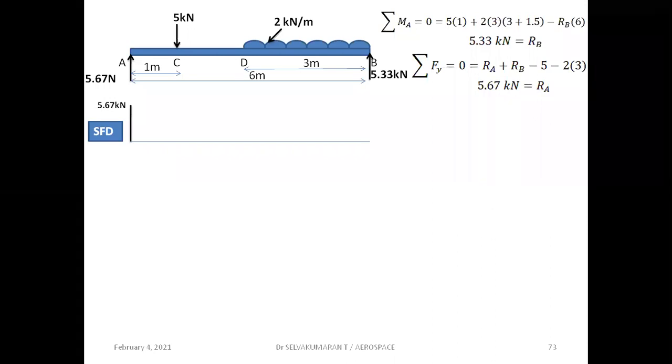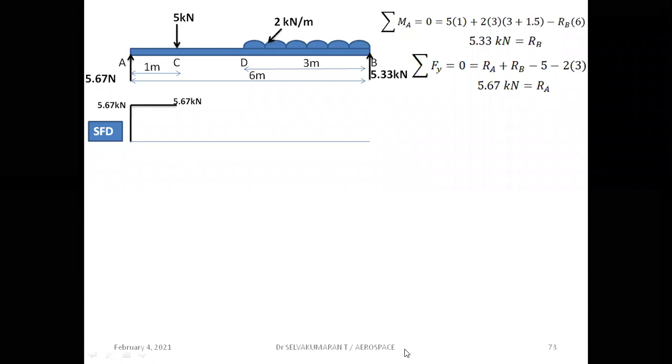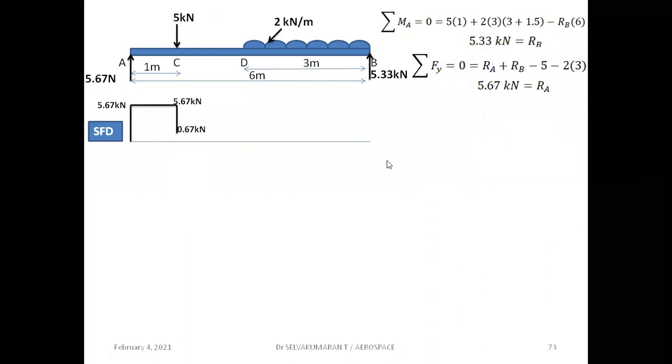Between A and C there is no load, so shear force remains constant. Once you reach point C, 5 kilonewton is acting downward, so 5.67 minus 5 gives 0.67 kilonewton. Between C and D there is no load, so this 0.67 kilonewton shear force remains constant.